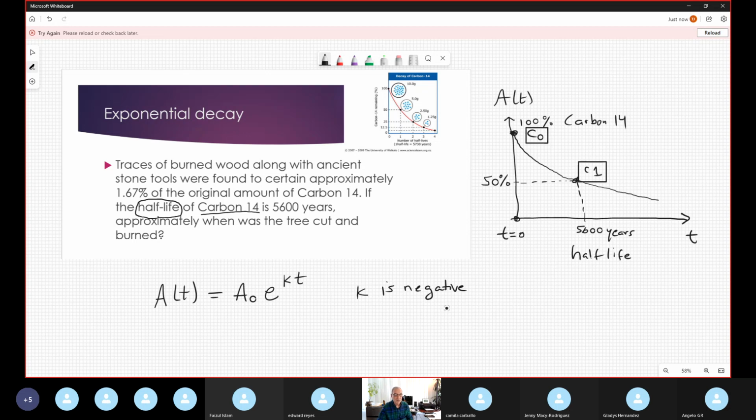A trace of burned wood along with ancient stone tools was found to contain approximately 1.67% of the original amount of carbon-14. So the percent is too small, 1.67%. I want to determine the time that corresponds with this condition.